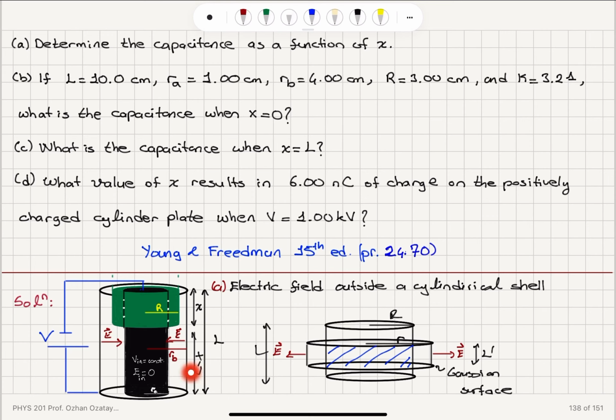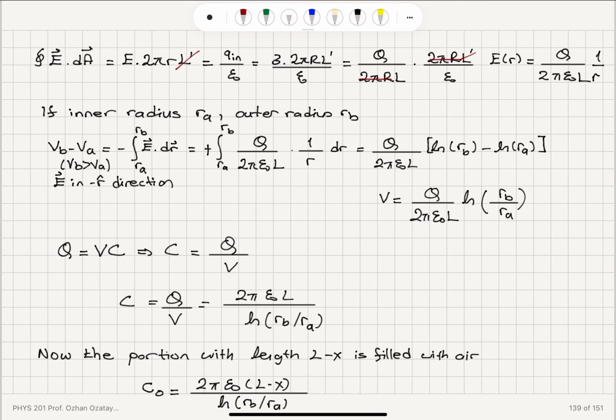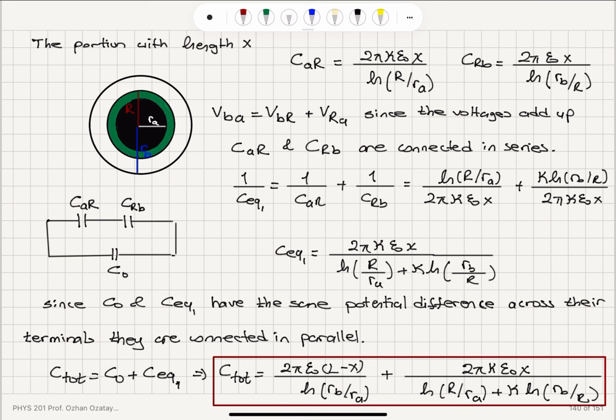So this is all inside a hollow cylinder, and there is a cylindrical conductor basically on the axis of the larger cylinder of radius r sub a, and they all have the same length capital L, but this dielectric as it is being inserted into this hollow cylinder changes the overall capacitance, which is what we did in part A.